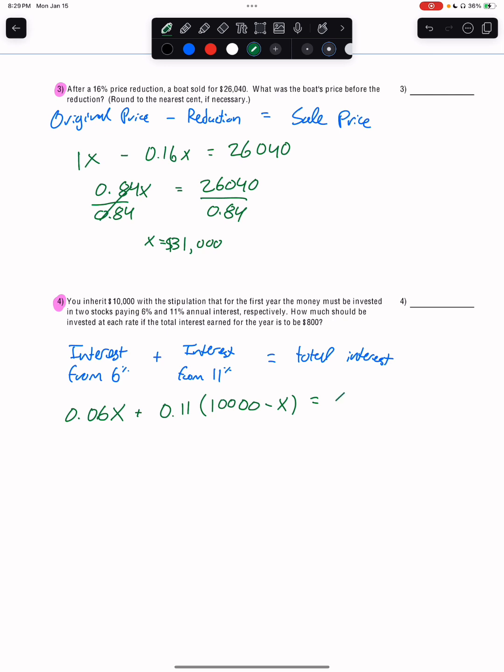And afterwards, it's going to equal the 800. So starting out like previous problems, we're just solving for x. So we'll multiply the 0.11 into the parentheses. Now we'll just combine these two common factors.